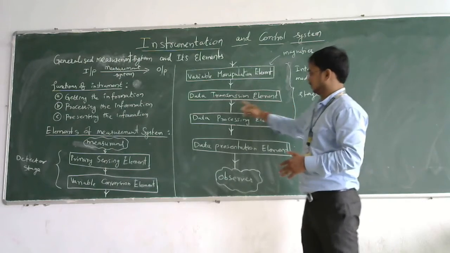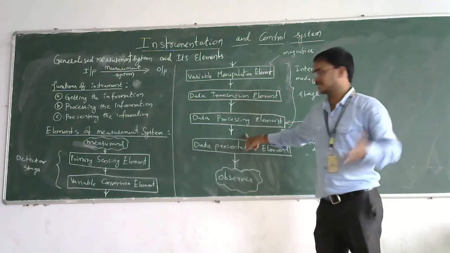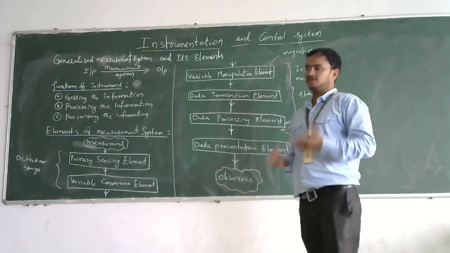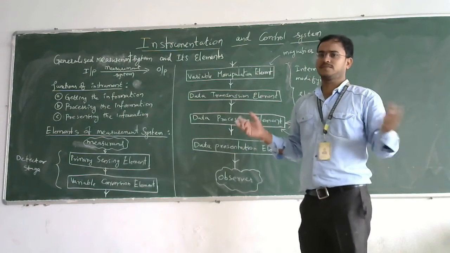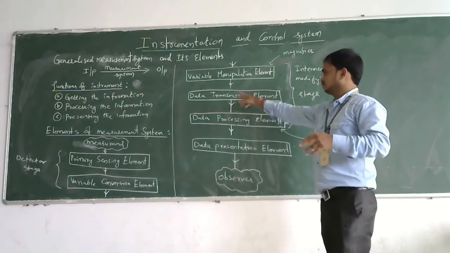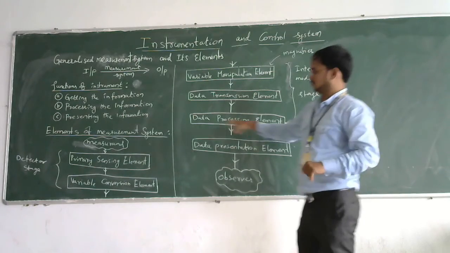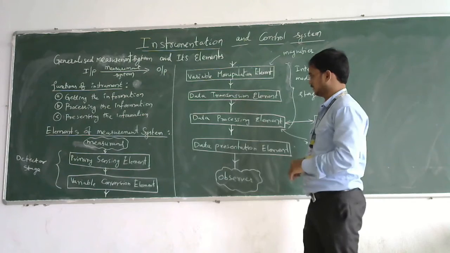And next, the data processing element. It removes disturbances, noise or unwanted signals that are coming along with the main signal. Because due to all these elements, some disturbances will definitely get generated.